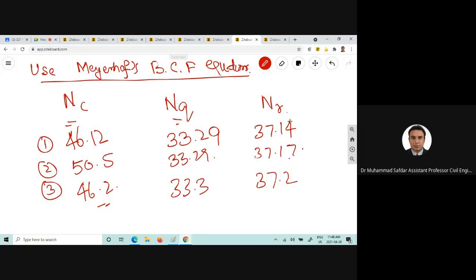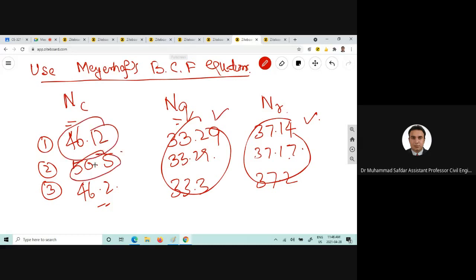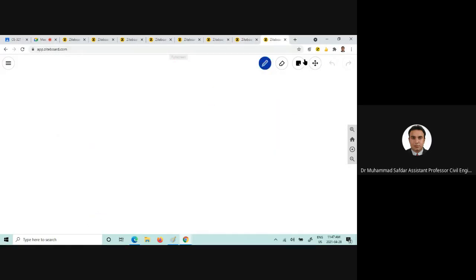Okay. No issue here. I would say slightly off here, but you are okay because this term will be equal to 0 because c is equal to 0. So if you are solving this problem, you would be okay with this. Okay, now we got the bearing capacity factors.